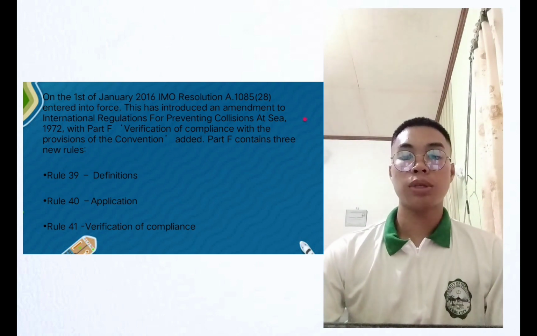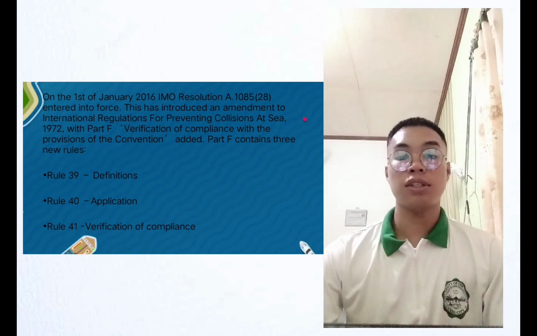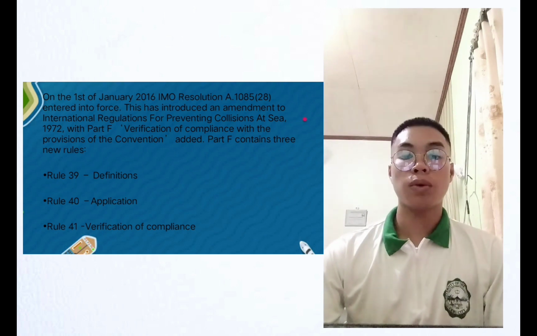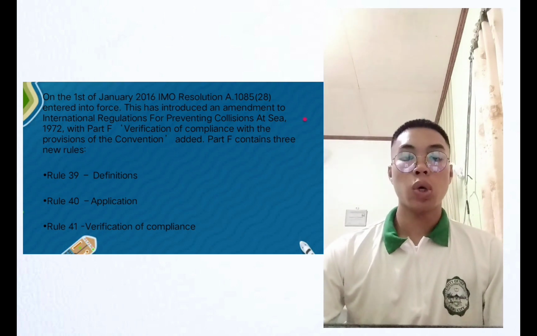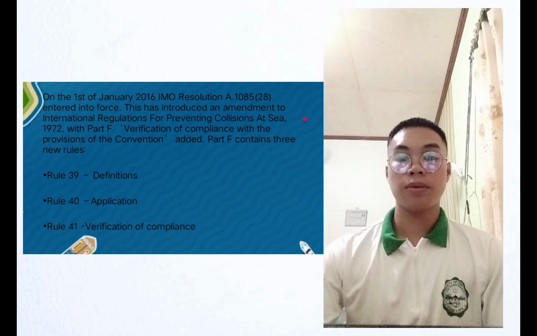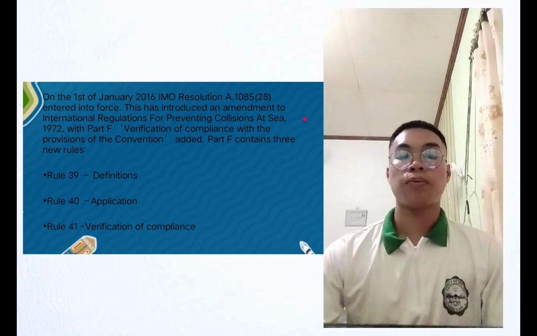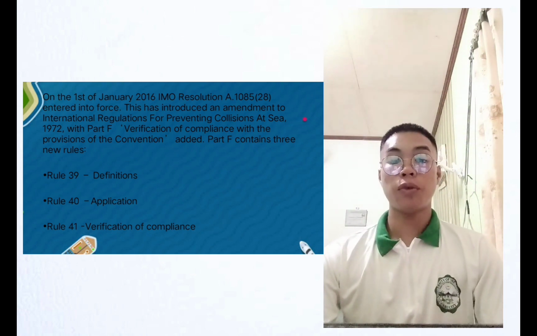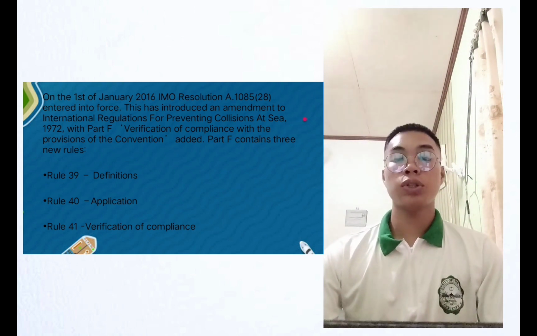This has introduced an amendment to the International Regulation for Preventing Collision at Sea 1972 with Part F, verification of compliance with the provision of the convention. Added Part F contained three new rules: Rule number 39 definition, Rule number 40 application, Rule number 41 verification of compliance.